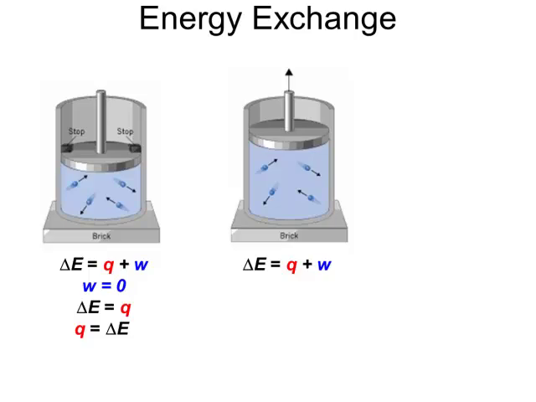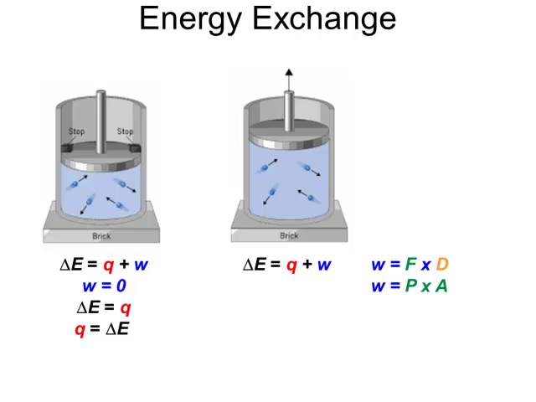In the second scenario, though, energy can transfer as heat and as work, because this time the piston can move. Work is equal to a force acting over a distance. In our piston cylinder apparatus, the force is related to the pressure the gas applies to the underside of the piston, the surface area of the piston.